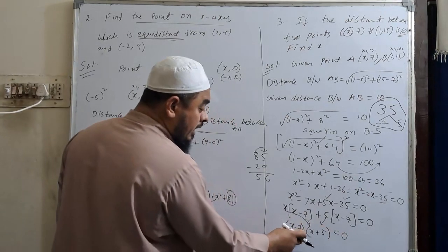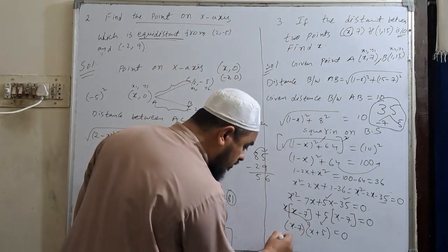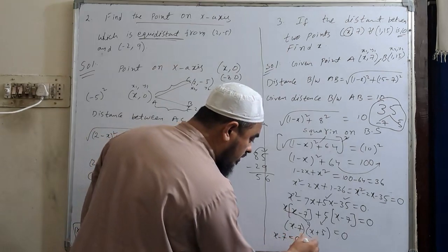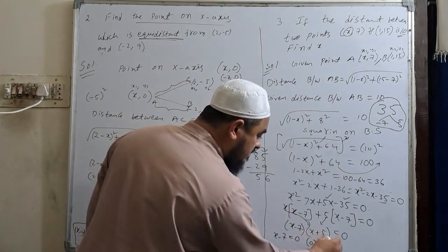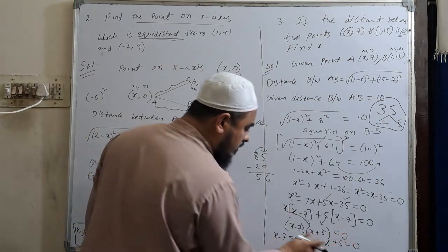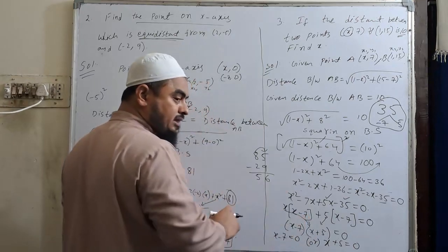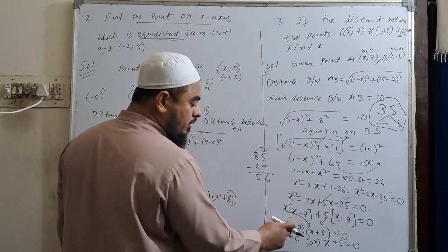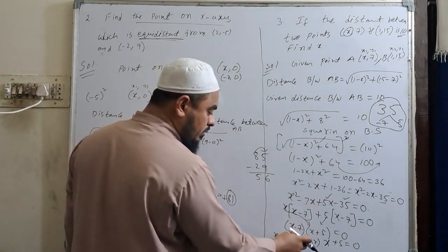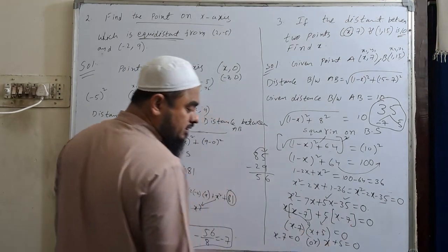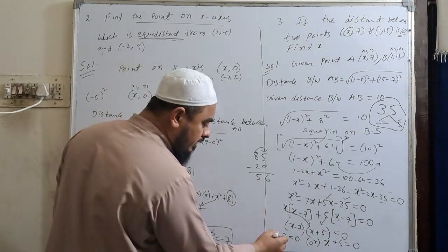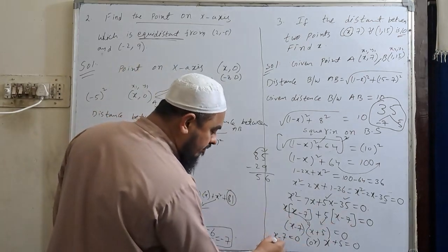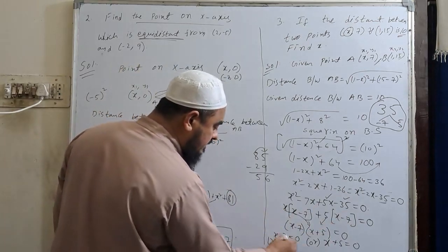That means x minus 7 is equal to 0, or the other one, x plus 5 is equal to 0. If any one of them on the left hand side is 0, then the right hand side is going to become 0. That's why you have to take x minus 7 equal to 0 or x plus 5 equal to 0. If you take this minus 7 on the right hand side, we get x equal to plus 7.